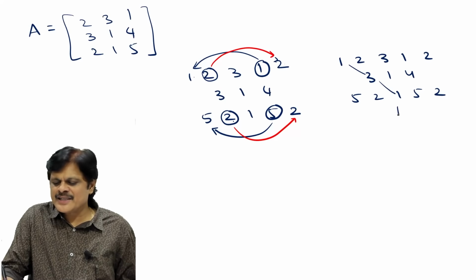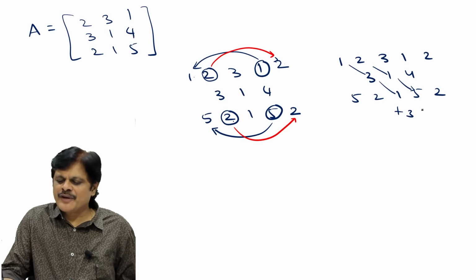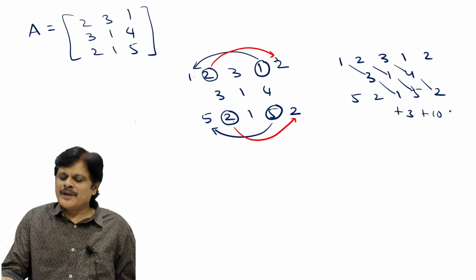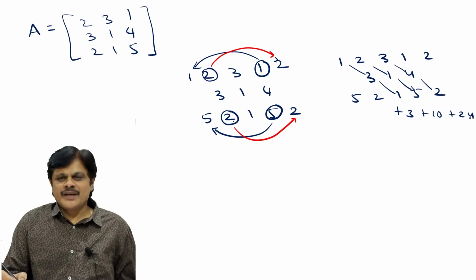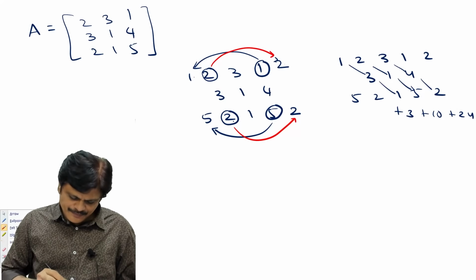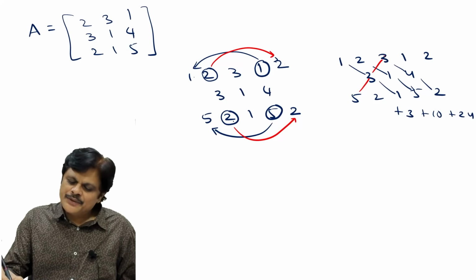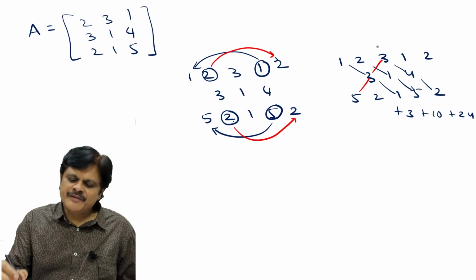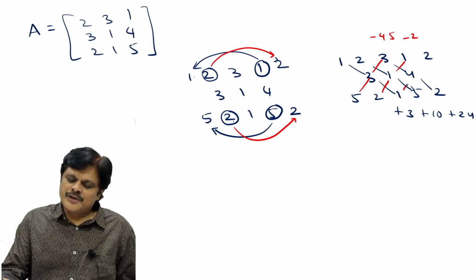1 into 3 into 1, that is plus 3. 2 into 1 into 5, that is plus 10, and 3 into 4 into 2, 12 into 2, plus 24. Now reverse diagonals: 5 into 3 into 3, 5 3 is 15, 15 3 is 45, with a minus sign. 2 into 1 into 1, that is minus 2. 1 into 4 into 2, that is minus 8.